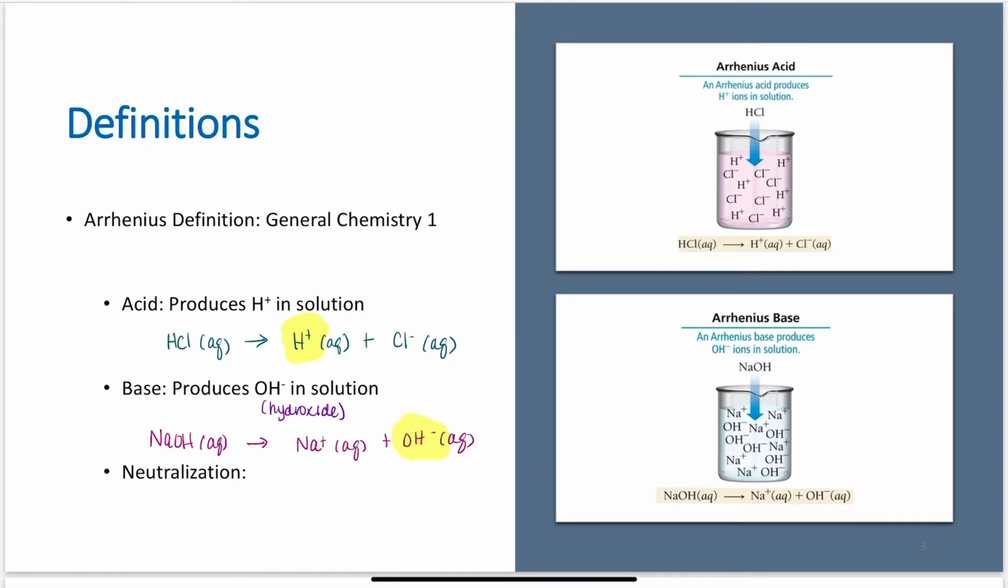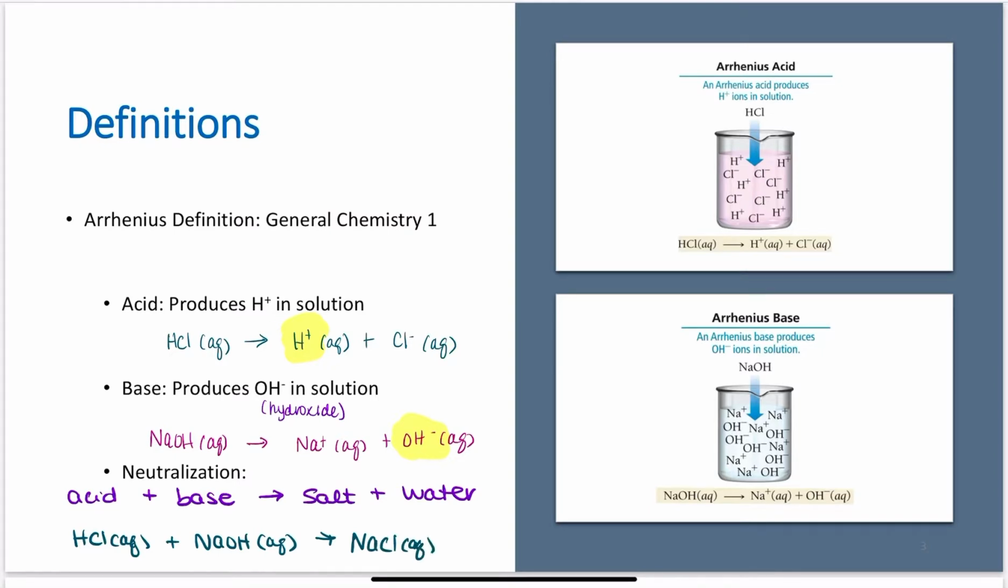We can also have a neutralization reaction. Neutralization happens when you have an acid plus a base, and this gives you salt plus water. If we use the two that we've already used, HCl plus NaOH, HCl aqueous plus NaOH aqueous, or hydrochloric acid plus sodium hydroxide, we actually produce sodium chloride and water.